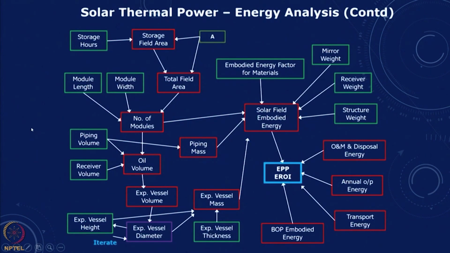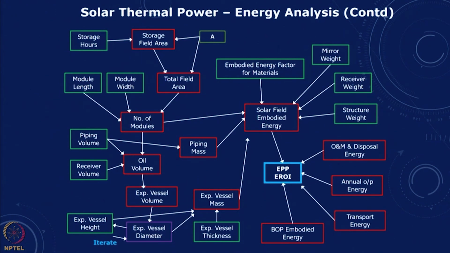Having got that, we calculated the dimensions of the modules, module length, module width, number of modules, the oil volume, the piping volume, receiver volume, the vessel dimensions, and then we have an embodied energy factor for each of these materials. So you have the solar field, the steel and the glass and the mirrors, and then the receiver, mirror weight, structure weight, the energy used in this, and then we got the energy payback period and the energy return on investment.